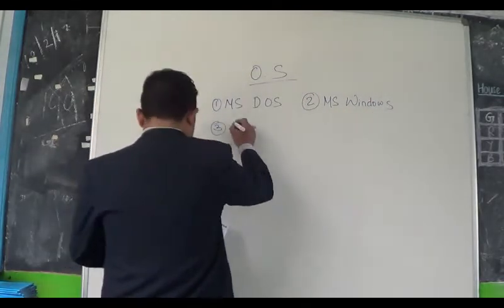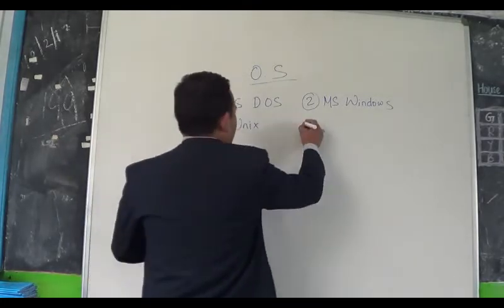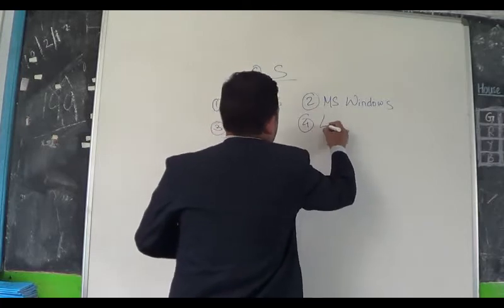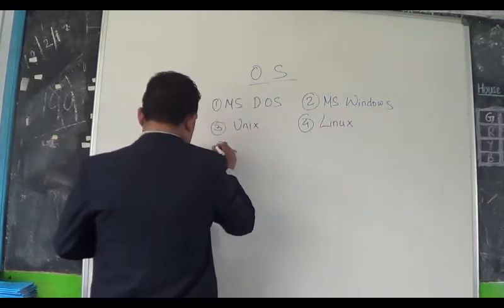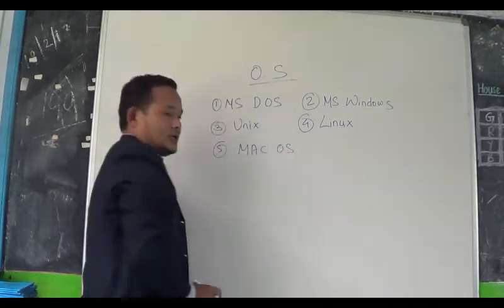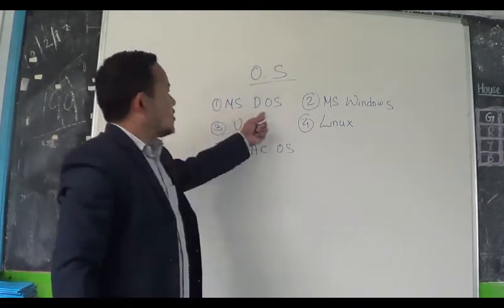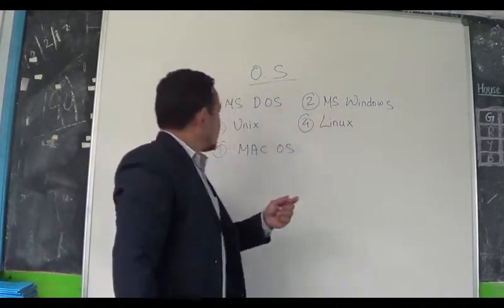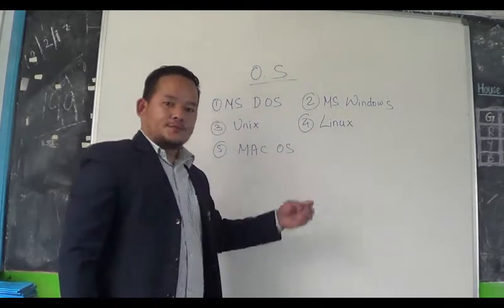Number three is Unix. Number four is Linux. And number five is the Mac operating system. So there are five types of operating system: MS-DOS, MS Windows, Unix, Linux, and Mac operating system.